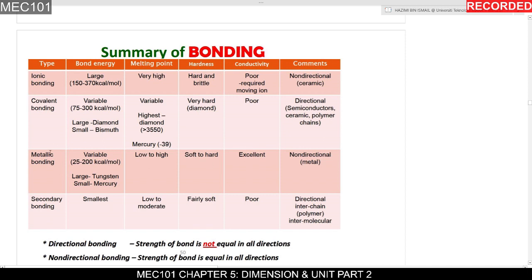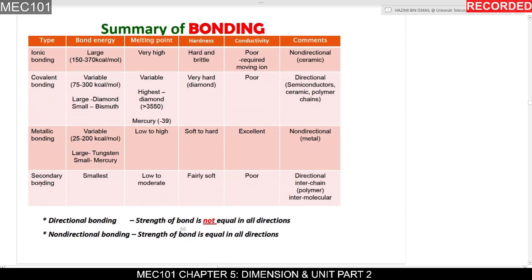Materials that have metallic bonding have very good electrical conductivity. And the secondary bonding, what we call van der Waals, has the smallest energy here compared to the other types of primary bonding, and so on.